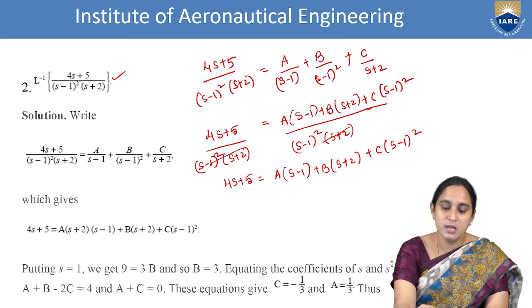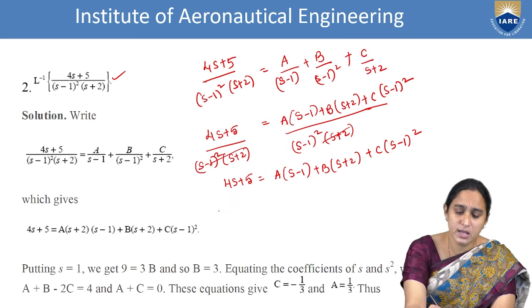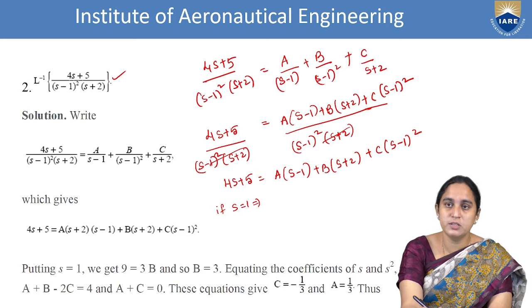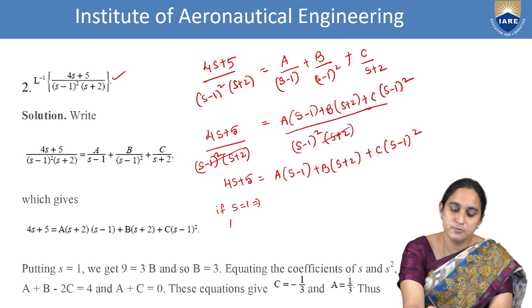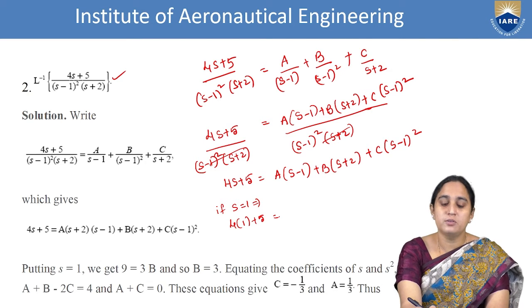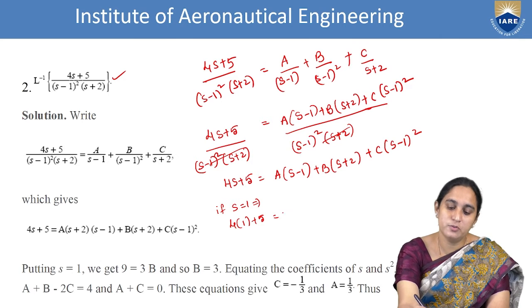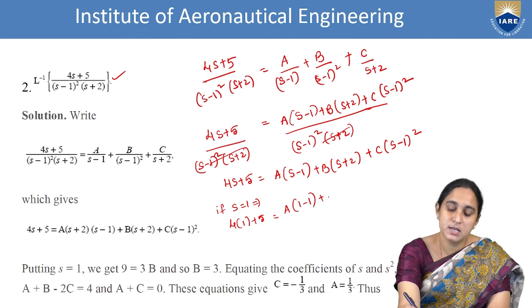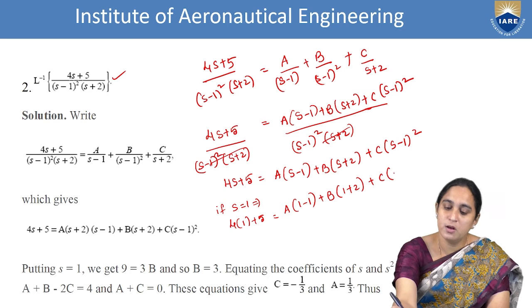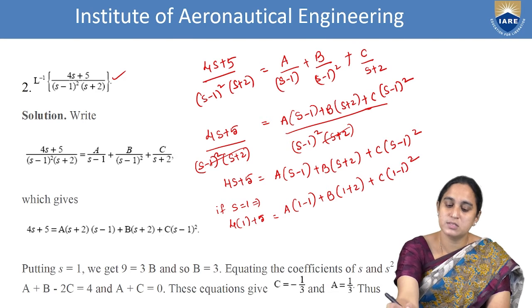Here, how did we get A, B, C unknown values? Once you observe, if you are substituting s is equal to 1, substituting in the above equation, that is 4 into 1 plus 5 is equal to a into 1 minus 1 plus b into 1 plus 2 plus c into 1 minus 1 whole square.